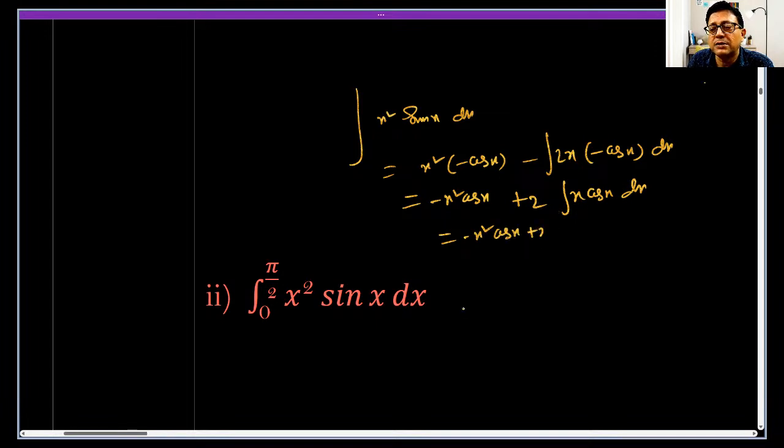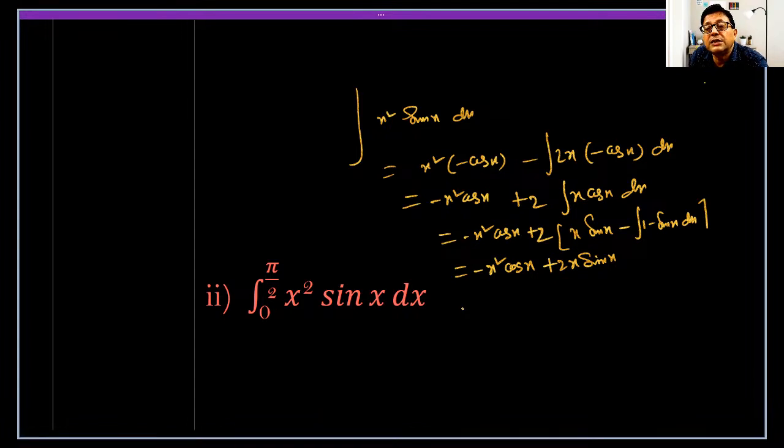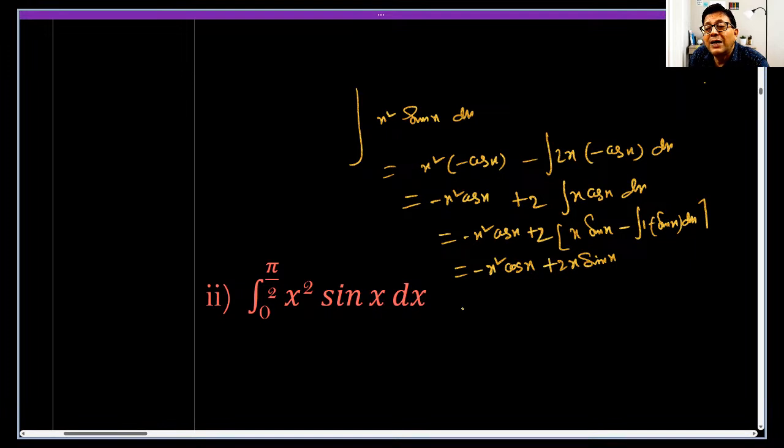Again use by parts. 2 into x sin x minus 1 into sin x dx. Here 1, and cos x integration is just sin x, minus sin x integration is cos x.